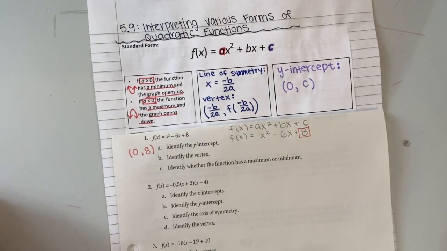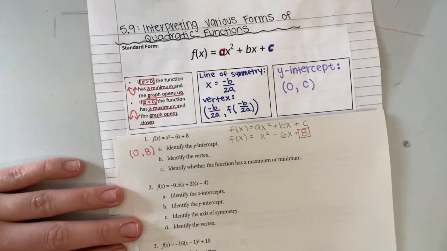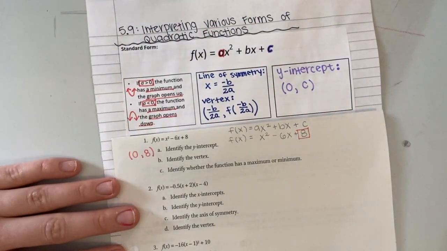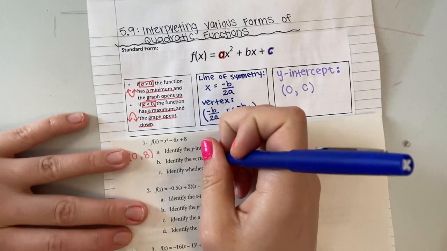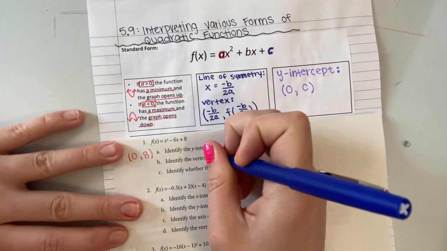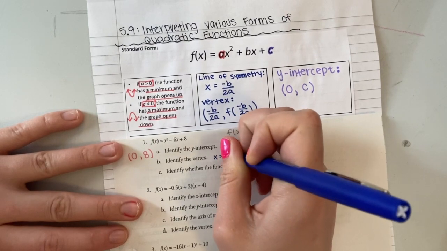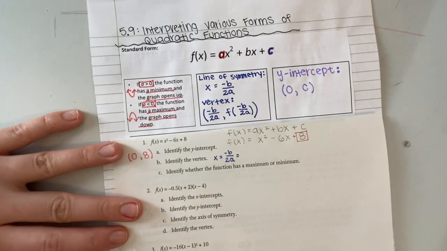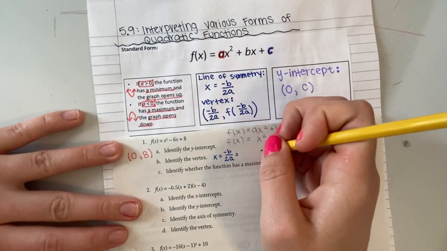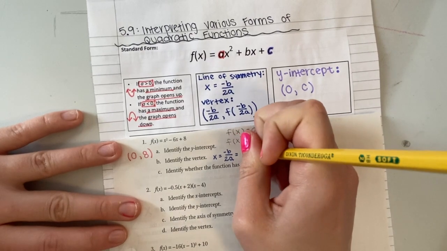Now it's asking me to identify the vertex. Remember, our vertex has a specific formula, which is, for the x value, x equals negative b over 2a. So what I'm going to do is plug into that equation negative b, my b value.